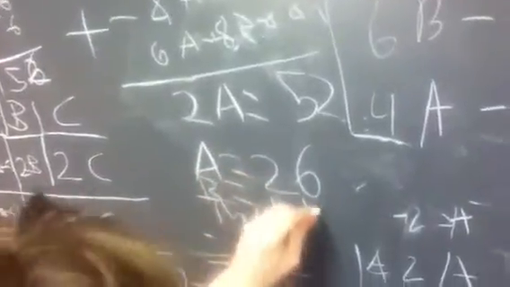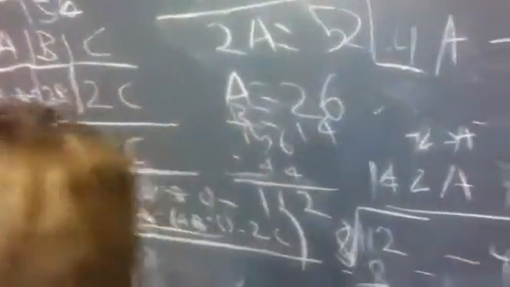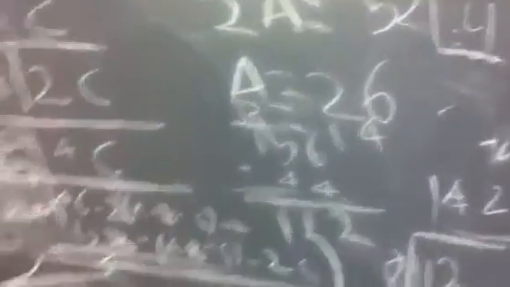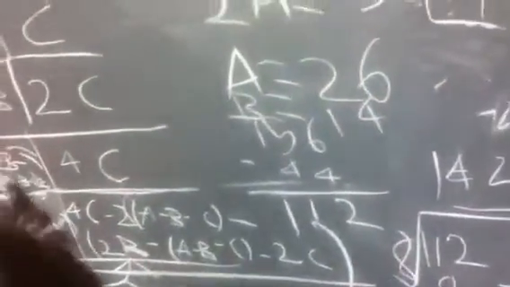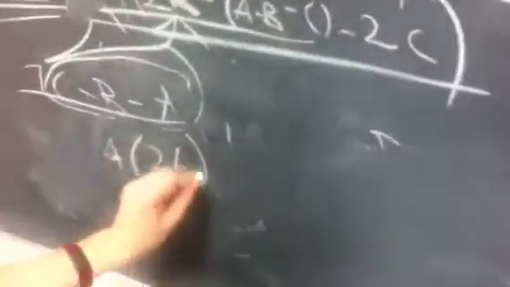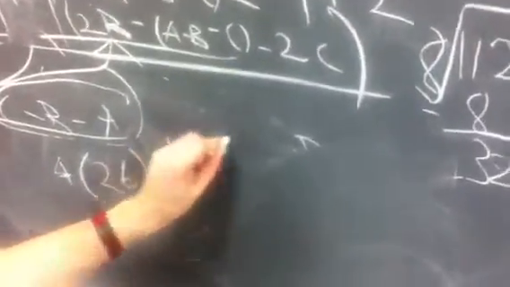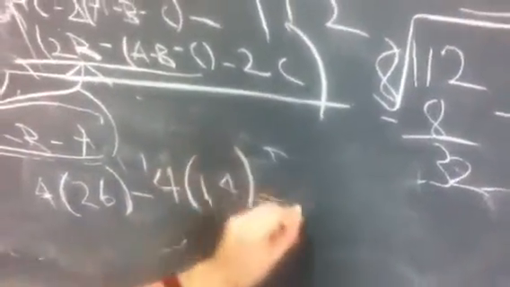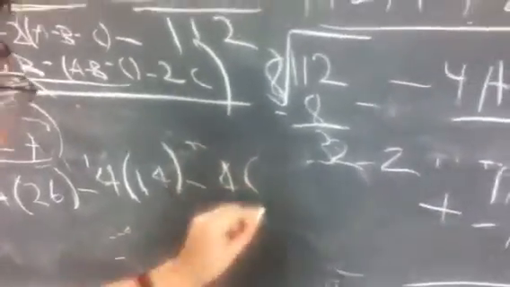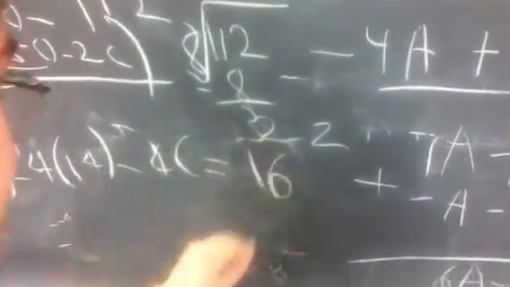And then to make things a bit easier, I am going to plug those in to there. 4 times 26 minus 4 times 14 minus 4c equals 16.